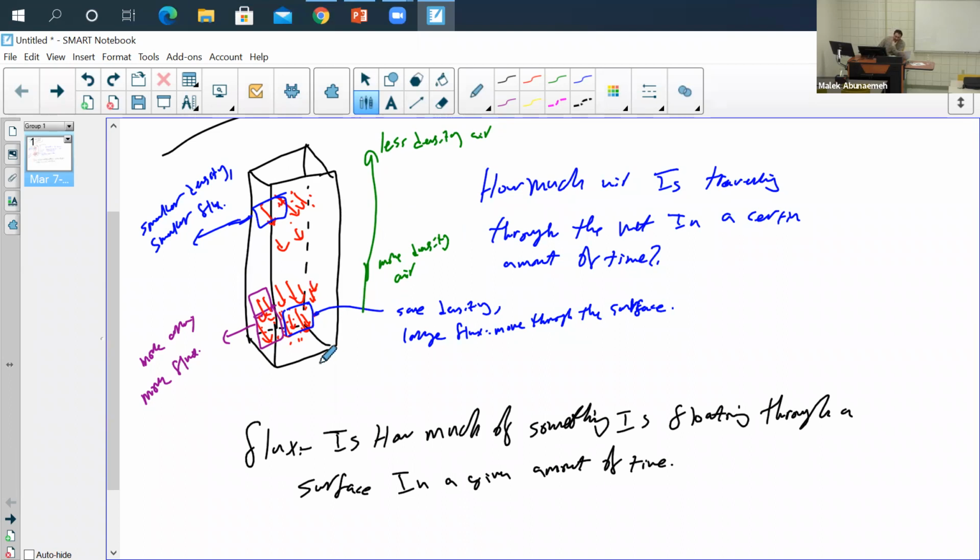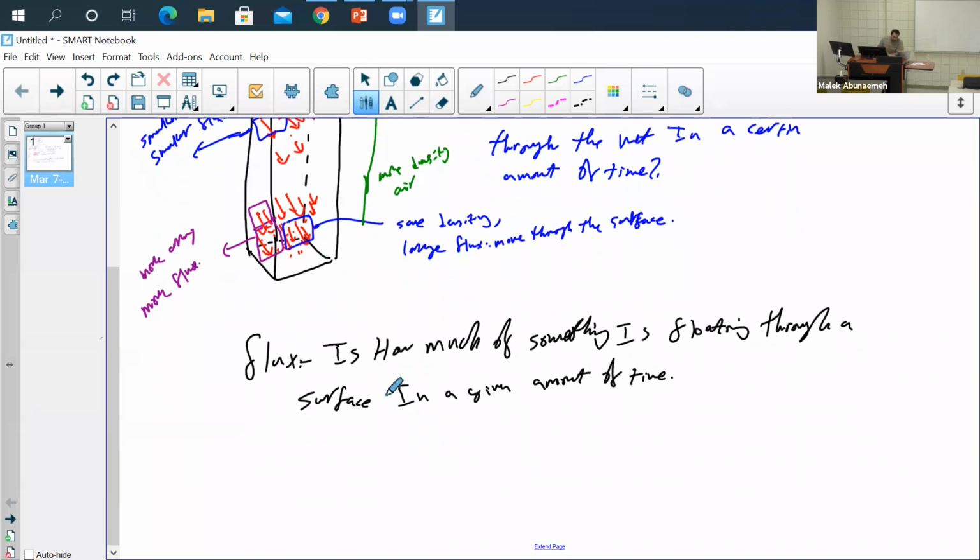That's what we're talking about: how much of something is flowing through a surface in a given amount of time. If you put that net where your air molecules are going in, the more air molecules going through that net, the more flux you have. If you increase the area of that net, you're going to catch more air particles. If you take it somewhere less dense, the net has fewer air particles to deal with, which means you're going to have a smaller flux.